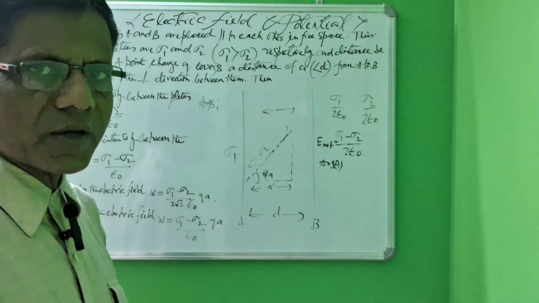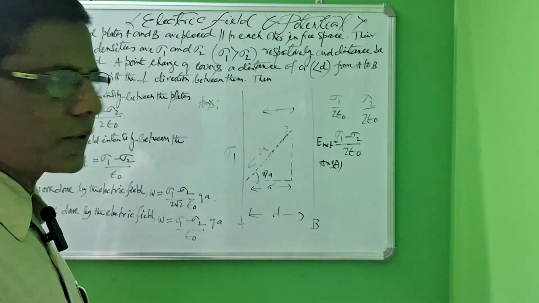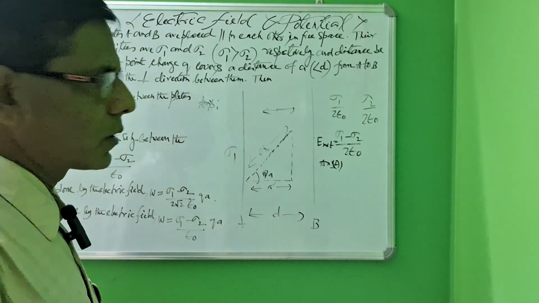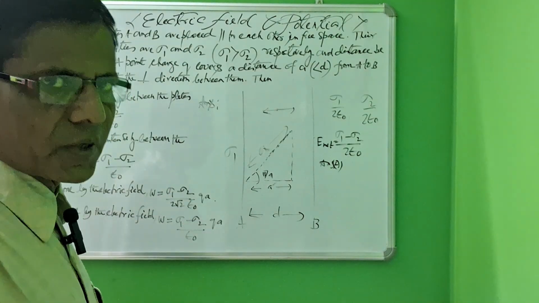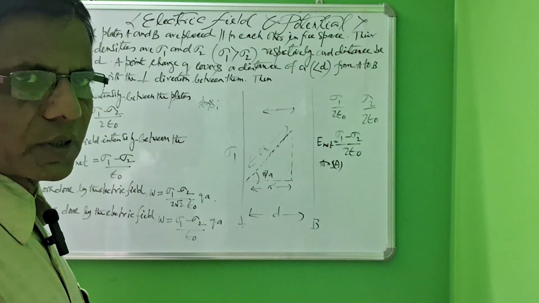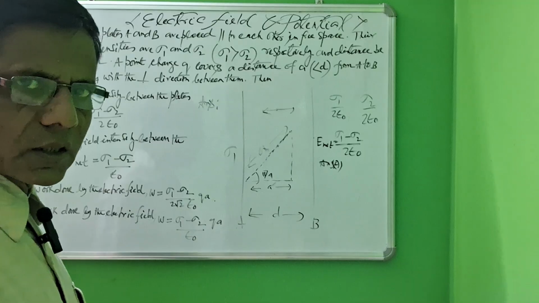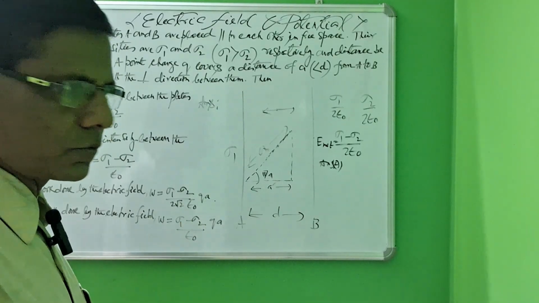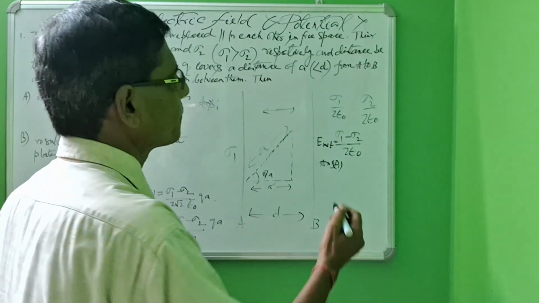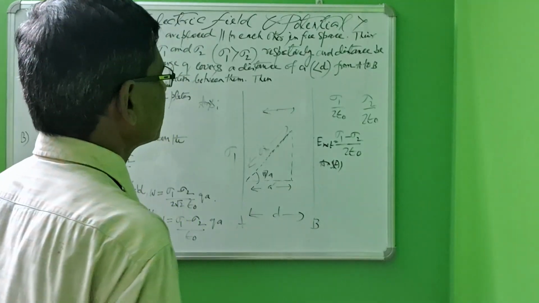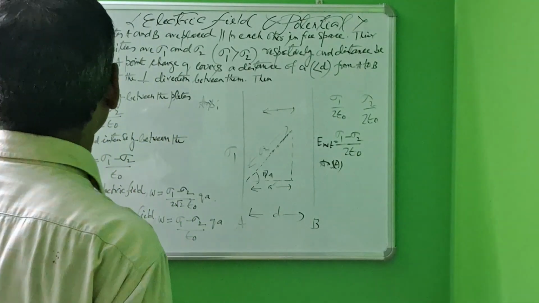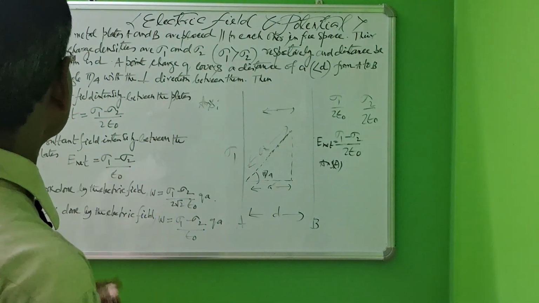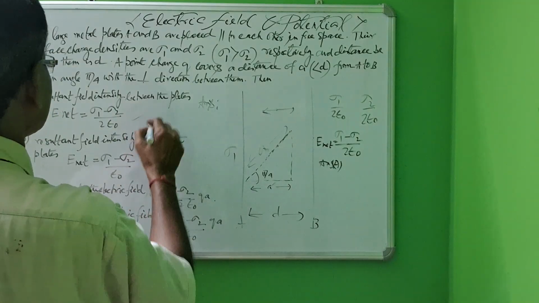How sigma upon twice epsilon naught is beyond our limitation, because the question is of 1 mark. It will come in another question, which I will show you in the later part. So answer A is the right one. And number 2, resultant field intensity B is wrong.